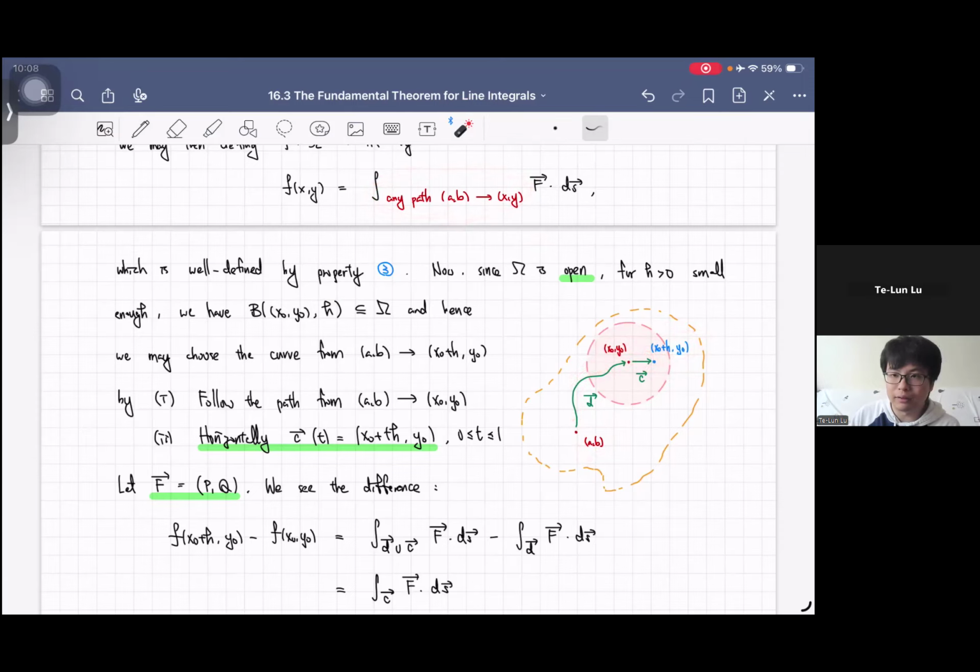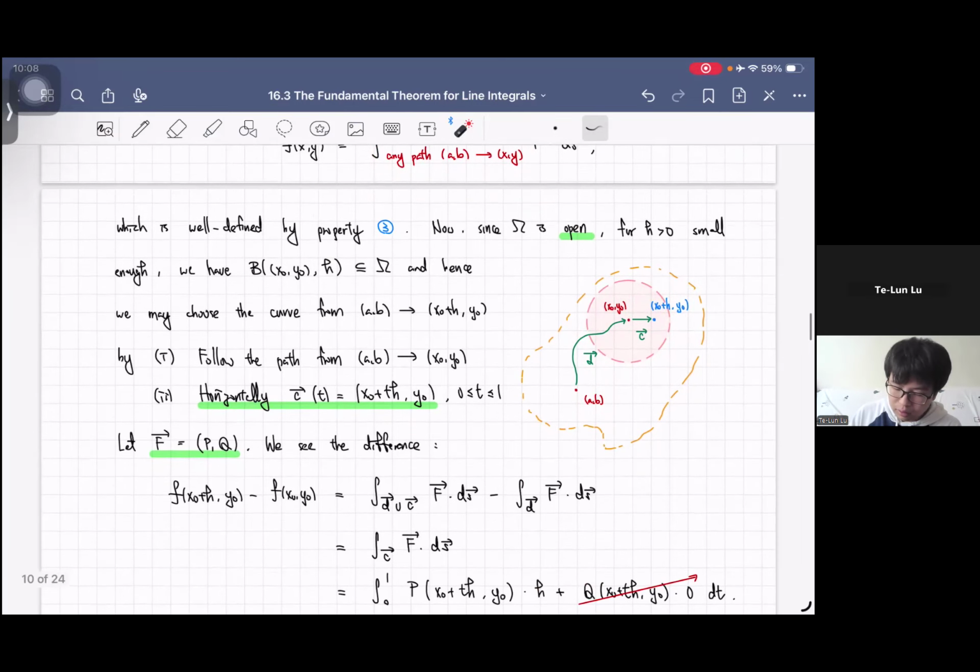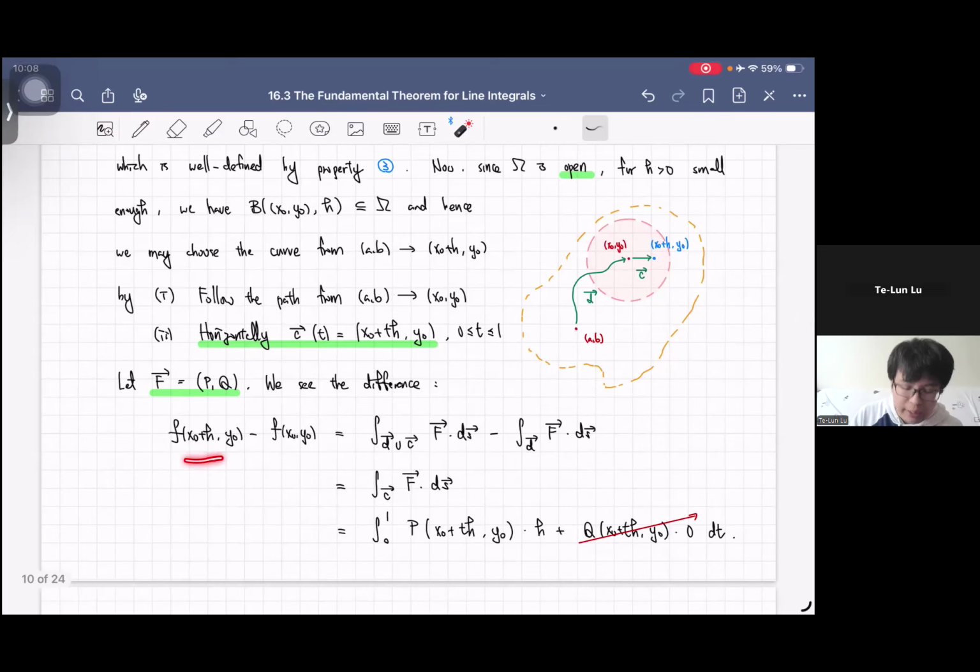Let us start computing the differentiation. The difference f of (x0 plus h, y0) minus f of (x0, y0) is, by definition, the integral over D and C of F ds.